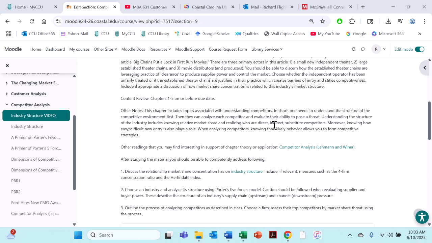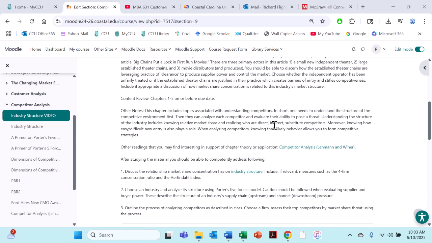Porter's Five Forces model, again, that's a good model. You're probably familiar with it if you've had a management class. They use this model quite a bit, and it's a good one to gain some insights from.